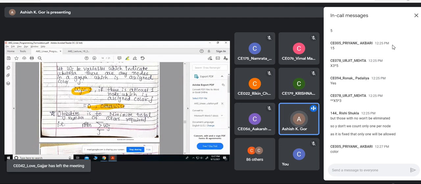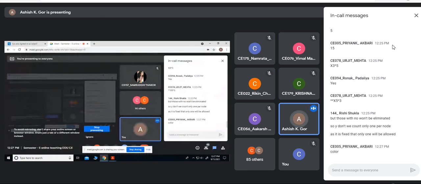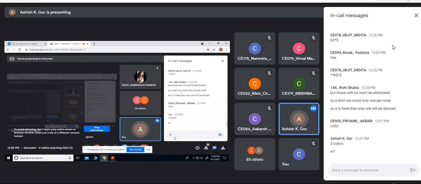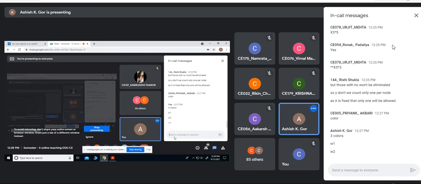Now, you see, the objective is to minimize the number of colors. So what I will do, I will write it like this: minimize sigma wj. What do you mean by that? Let me tell you. If there are 3 colors, I have 3 variables: W1, W2, W3.